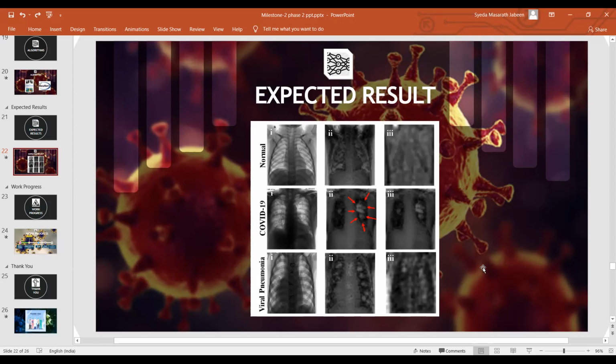Your input image, your project sample, is chest X-ray only, right? Yes, sir. So you should know what is there in negative and what is there in positive. How do you convert this into your sample?